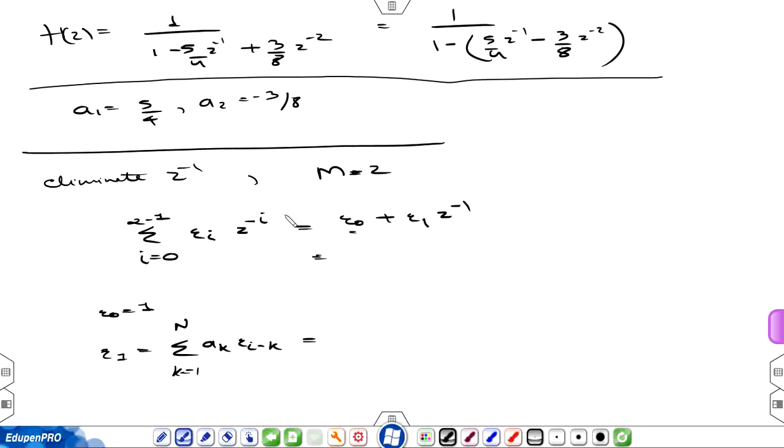Okay, n is 2 in this case because we have considered a second order filter.